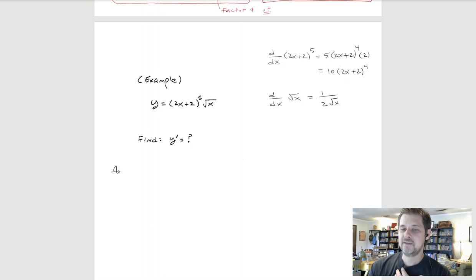Okay, so all right, here's where I'm going. I'm going to apply the product rule to this to find this derivative. Okay, I get my y prime.